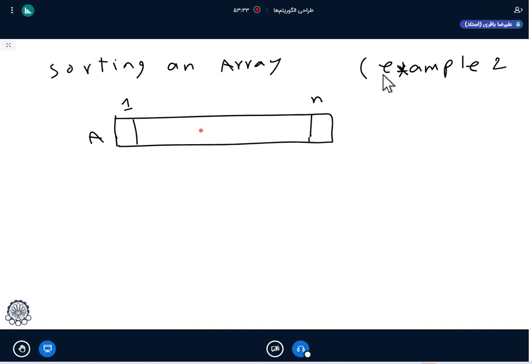The first step of the approach is dividing the problem into some smaller subproblems. Here again, we divide the problem into 2 equal size subproblems.